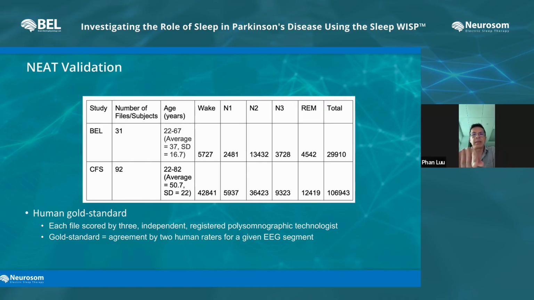You can see the age range of the subjects that make up the data, and then the actual segments of EEG. So you see the different stages of sleep and how many segments of EEG data were contained for each stage of sleep across the two data sets.